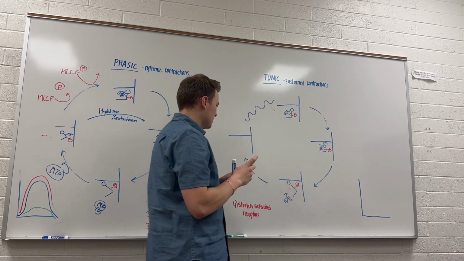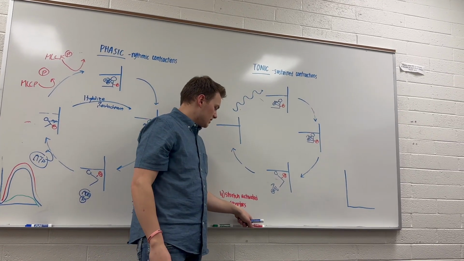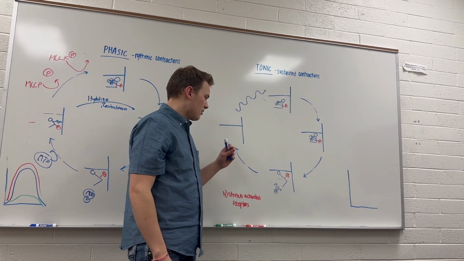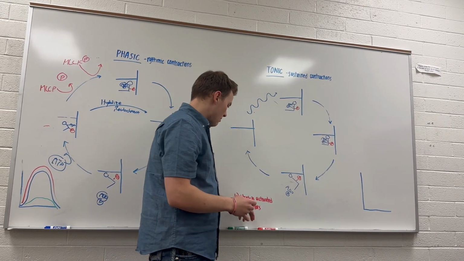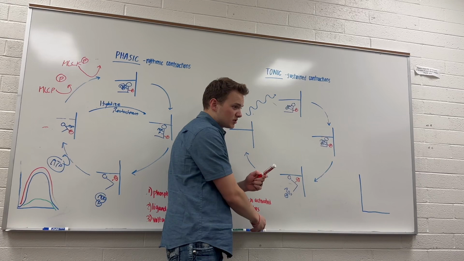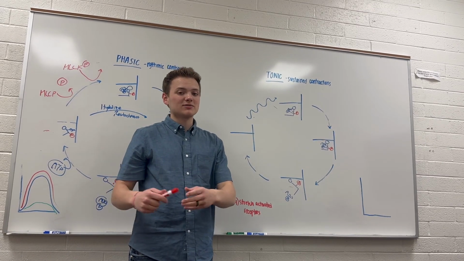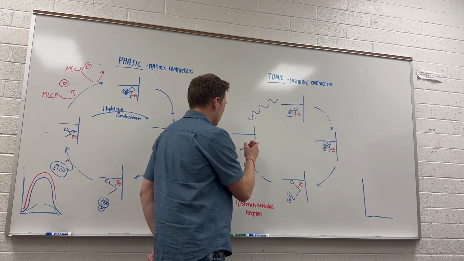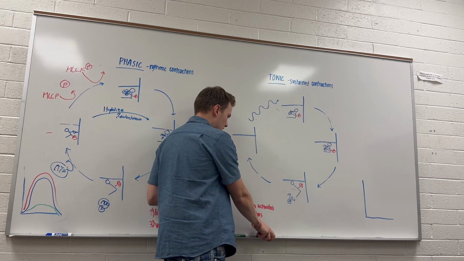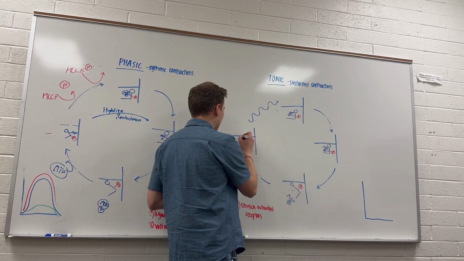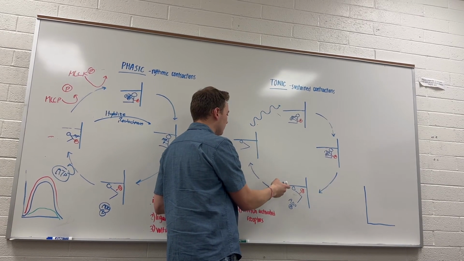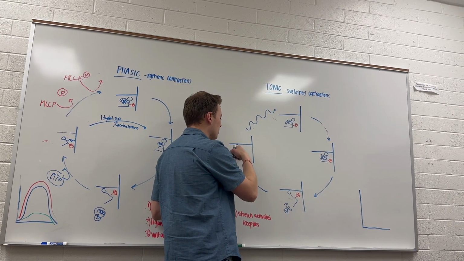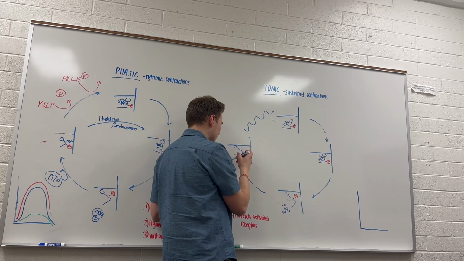However, this is where it gets a bit different. So in tonic sustained contractions, we actually have a little bit more MLCP and higher concentration. So what might happen, because there's enough MLCP, and remember it's hungry for phosphorus, what might happen is our phosphorus might be taken off by our MLCP before the myosin head can fall off the actin filament.